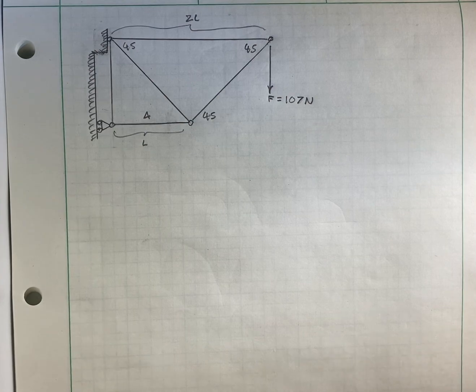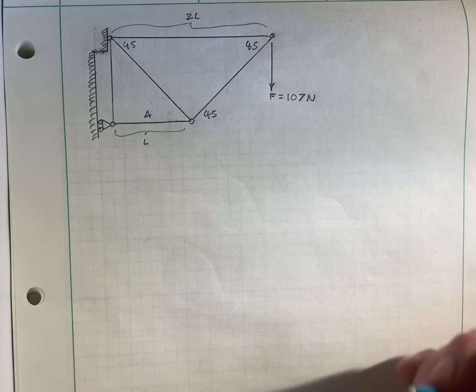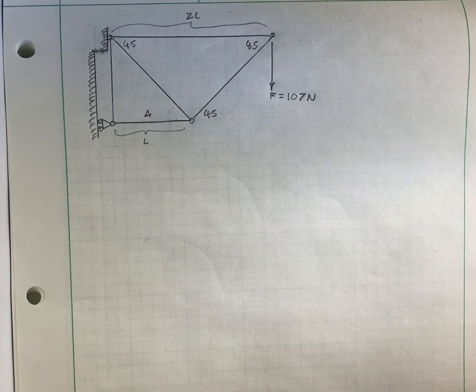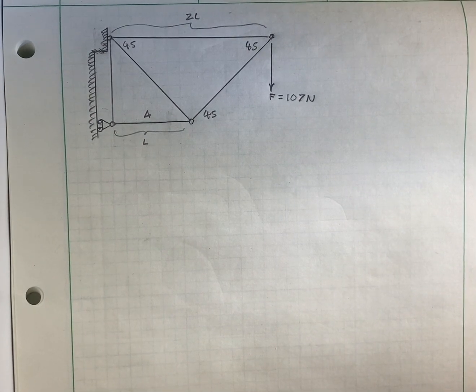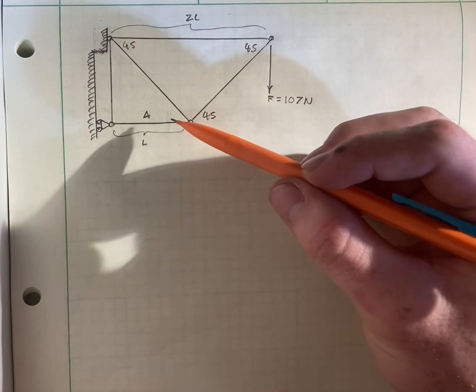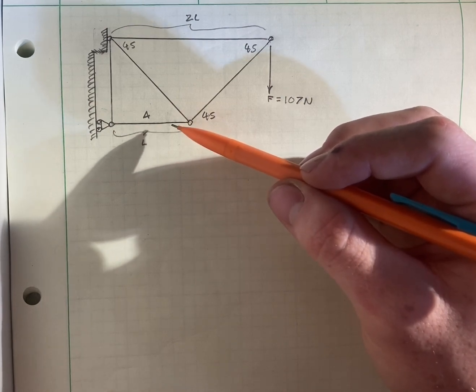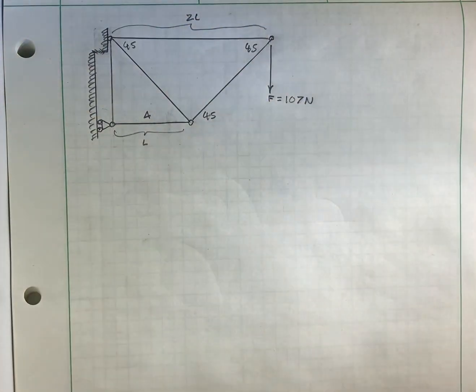But typically when you get into bigger truss problems, that's kind of a pain because there are so many members you have to do it for, and it gets messy and takes up a lot of paper. So method of sections is the way I like to go, because typically it's just asking for one of these members, right?